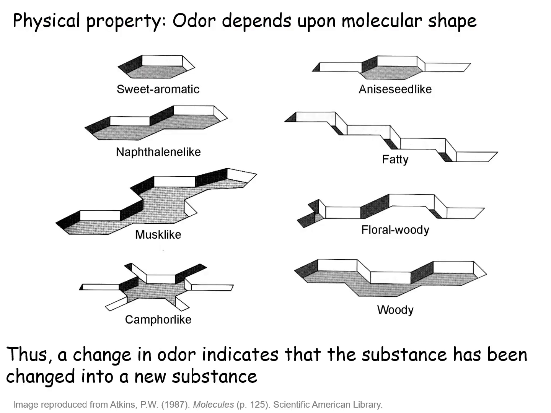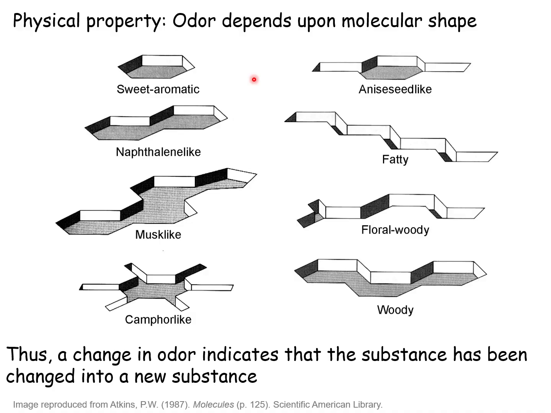So a physical property is a substance's odor. And it turns out that odor depends upon molecular shape. So this is a picture from a book called Molecules by Atkins. And what it is is kind of like the shadow that the molecule would have.